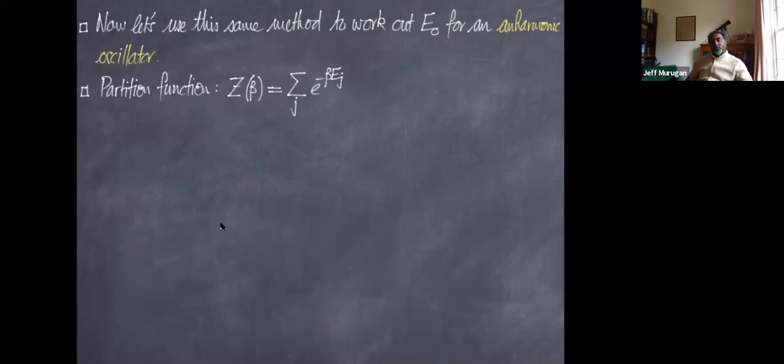Each state is going to give a decreasing exponential contribution to the partition function as I go higher in energy levels. In other words, in the limit of large beta, or small temperature, the biggest contribution to the sum is going to come from the lowest energy, or the ground state energy, E0. Can you see that?